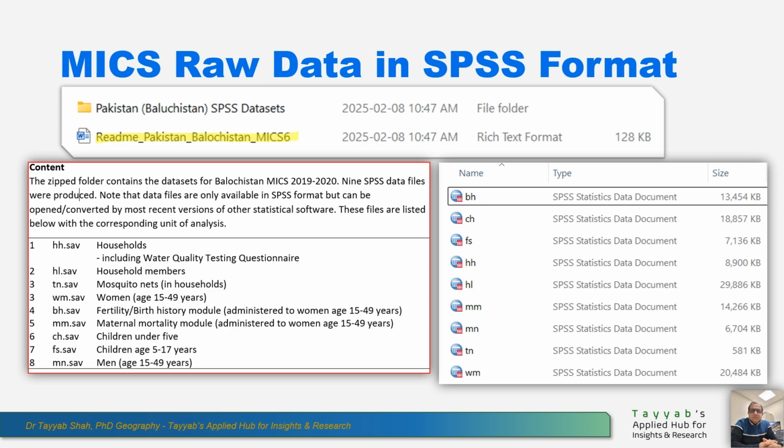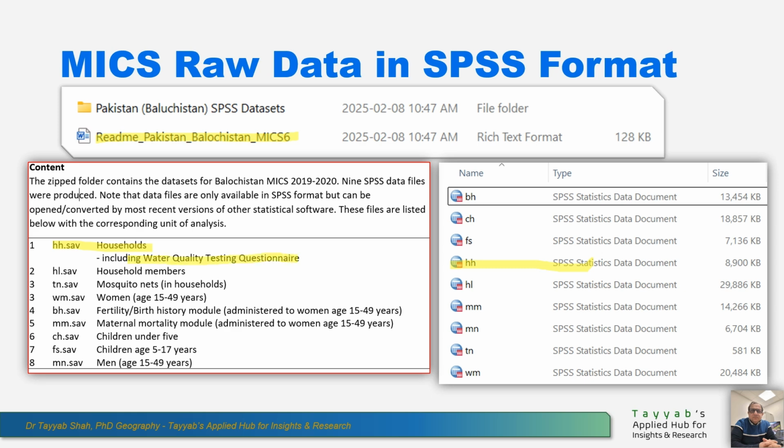This zip file contains the SPSS files. You can see the list of files on the right side, and they will give you a description of these files. For example, this file, HH, is related to household level data, and it also includes the water quality testing questionnaires.